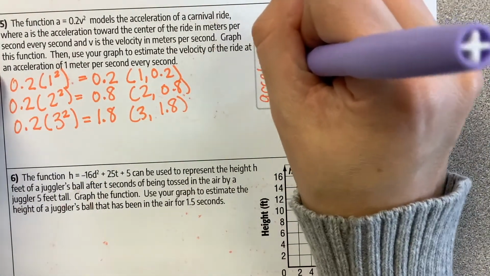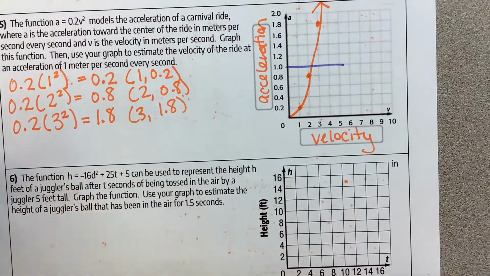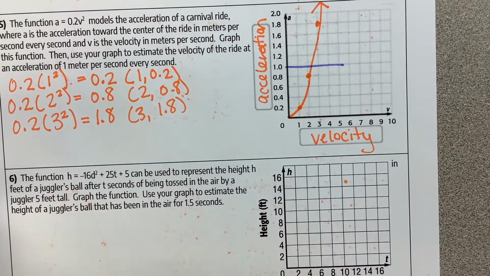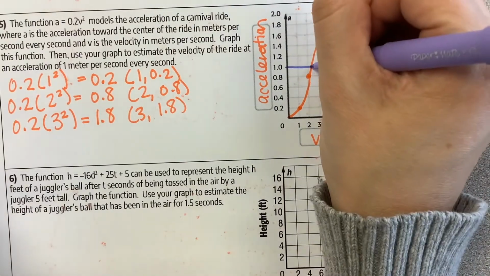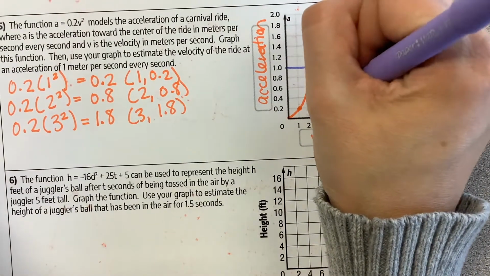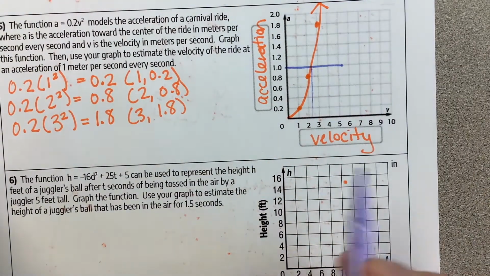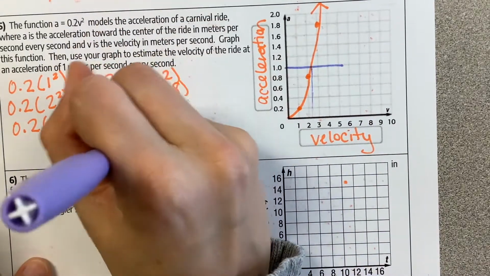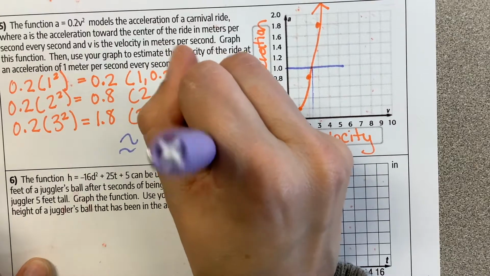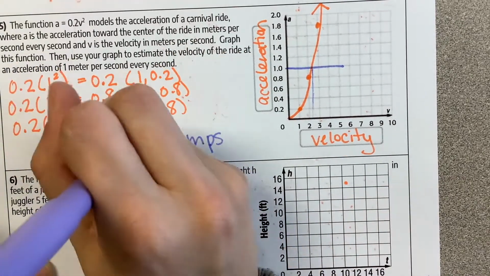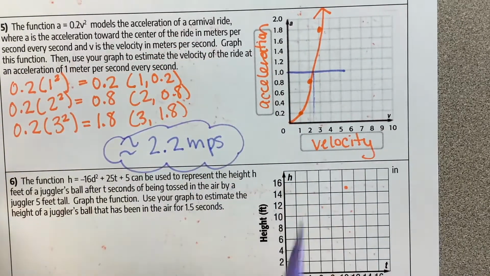So we're looking at where 1 meter per second is, because that's the acceleration. We want to know what the velocity would be. That hits somewhere around 2 something, maybe about 2.2 meters per second. Somewhere around that.